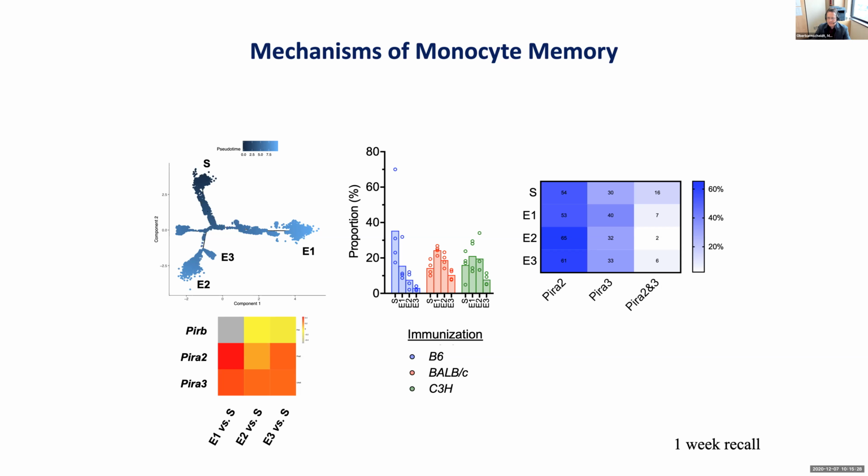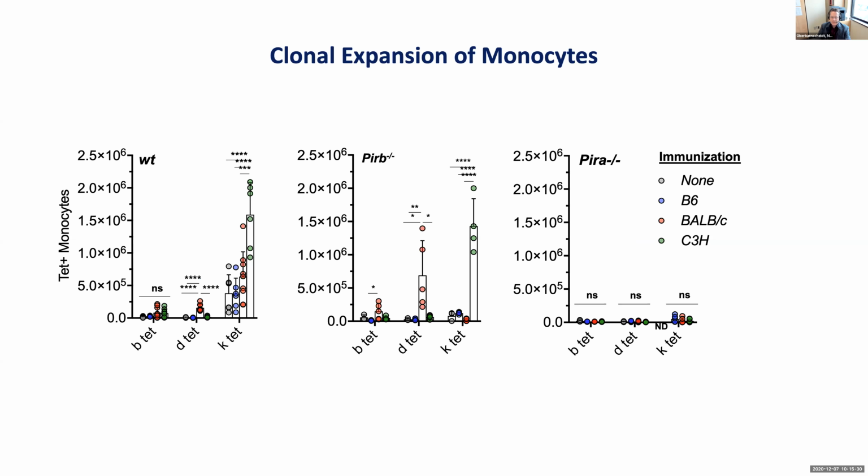And to further investigate if these monocytes can clonally expand after immunization, we used tetramers specific for H2Kb, D, or K, immunized with the different donor strains that we have used previously, the B6 syngeneic, BALB/c, and C3H.